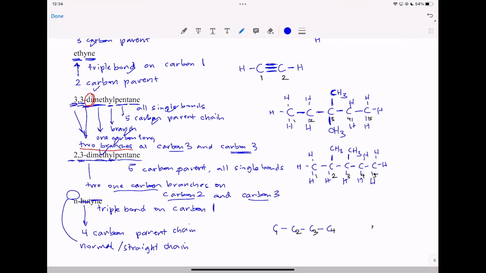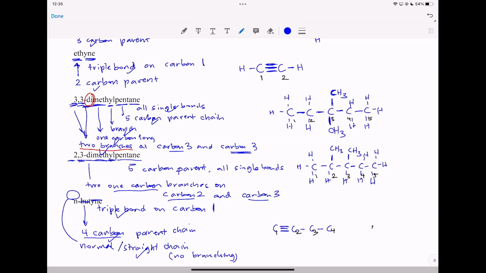Now we want to have a triple bond on carbon number 1. So make that a triple bond. And so it's all straight chain, normal, no branching. That's what the N means. And then there's a 4-carbon parent, got that, and the triple bond on carbon number 1.